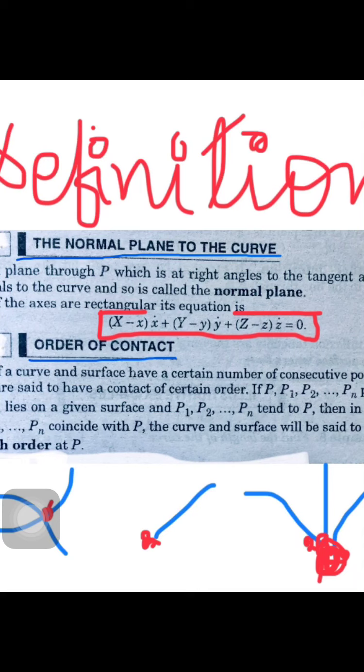If we are given in a Cartesian coordinate system any point P, then we can calculate the normal plane at the point to the curve. So this is the normal plane of the curve.